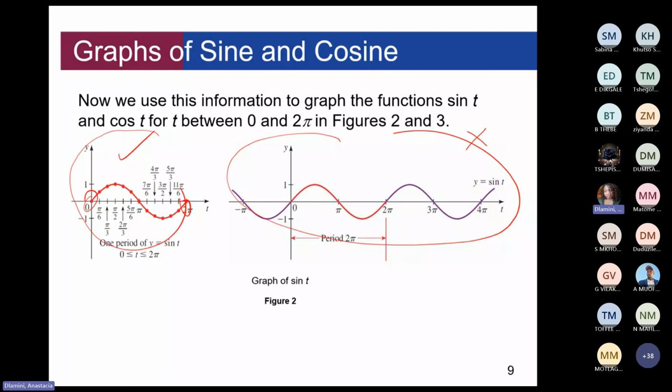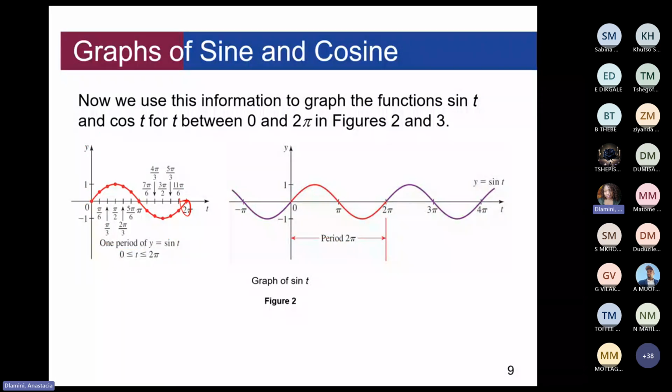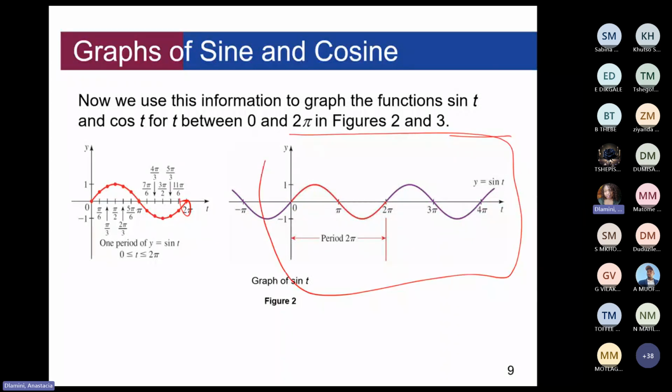Now, how can you look at this graph? Another answer now for the assignment. If they give a graph like this one over here and they tell you to find the period, you go and check a complete period. Are we together? I'm giving you another answer.